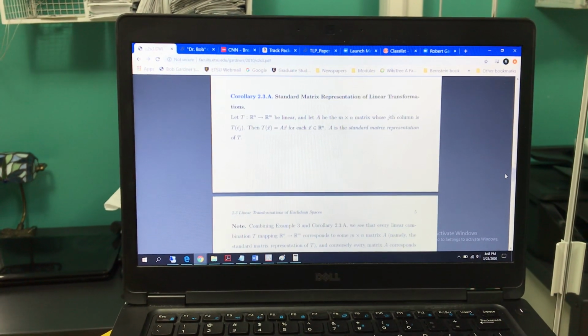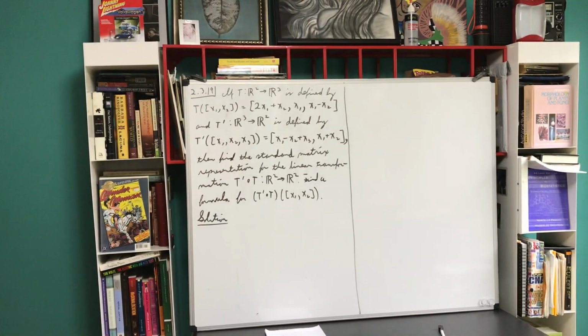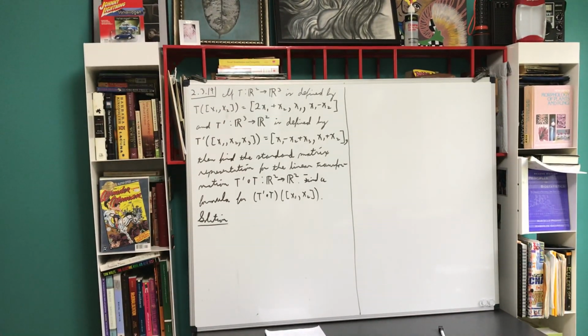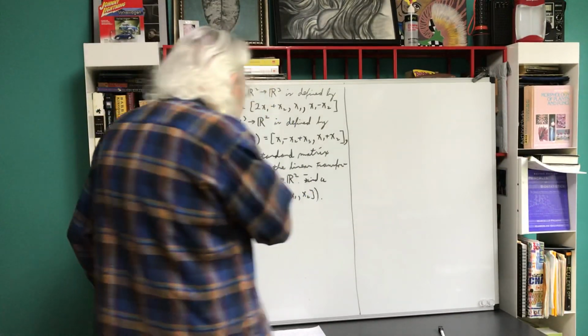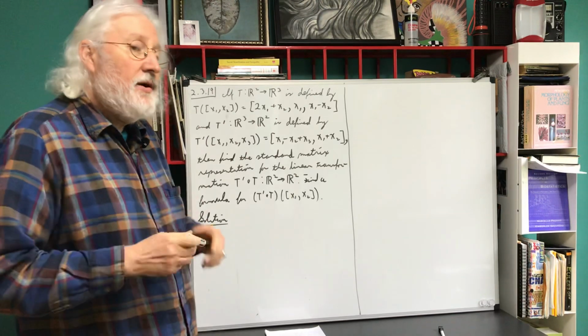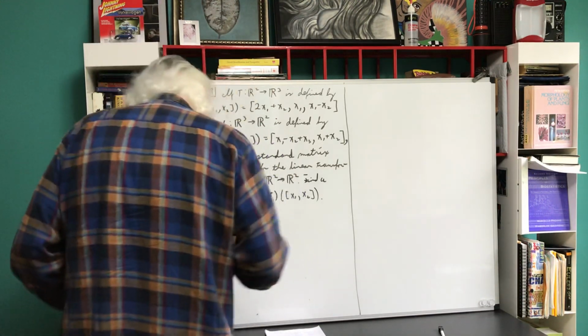Okay, so we'll do that. We'll find standard matrix representations for both of these transformations, and then we'll use that to find a standard matrix representation for the composition.